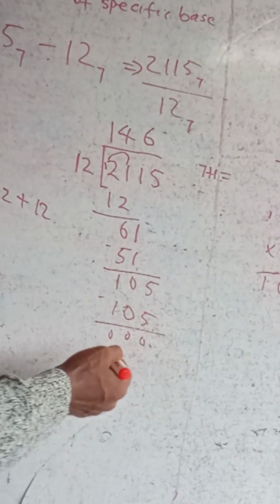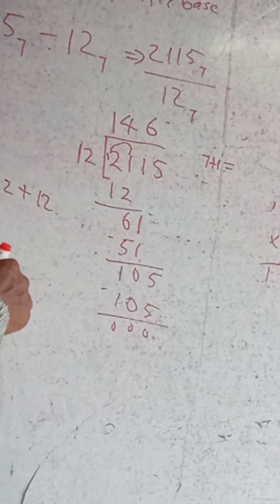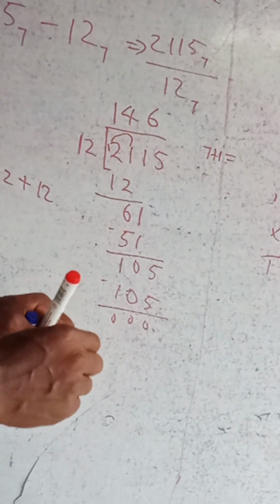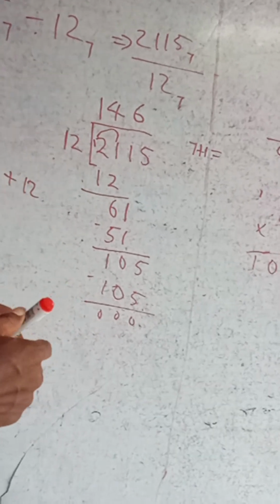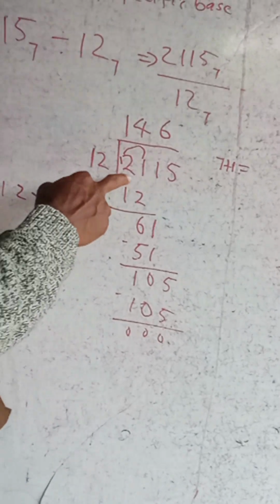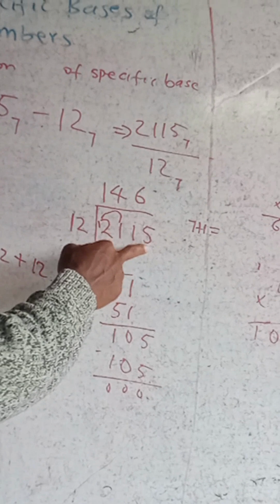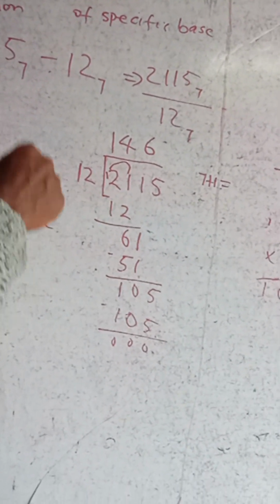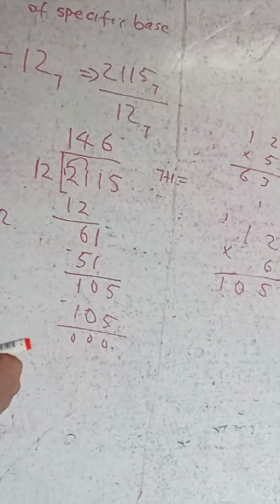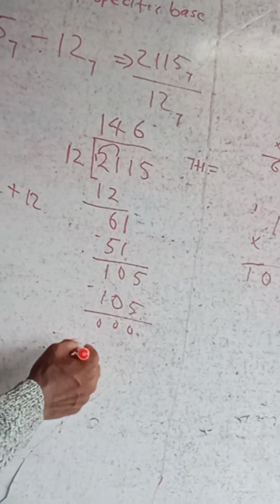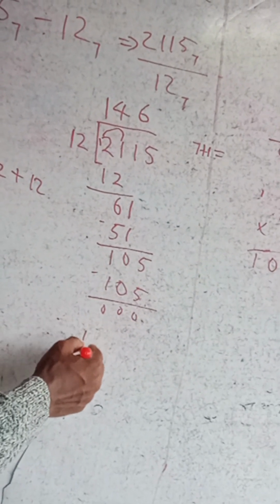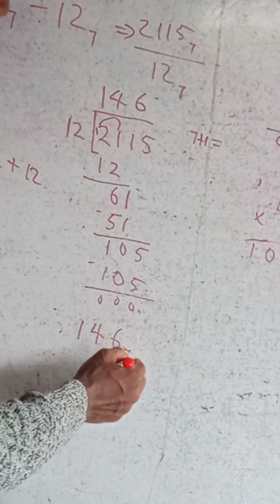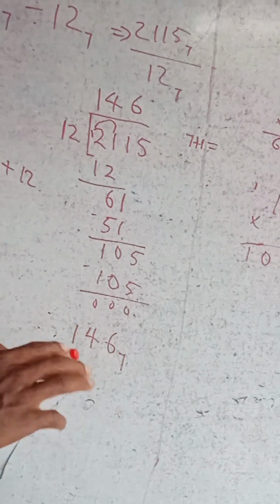So at this point we now know that 146 base 7 is the answer. When 2115 is divided by 12 under base 7, we have 1646 base what? 7. Simple.